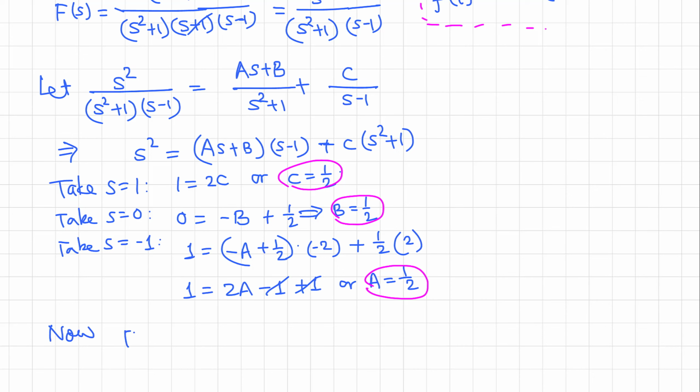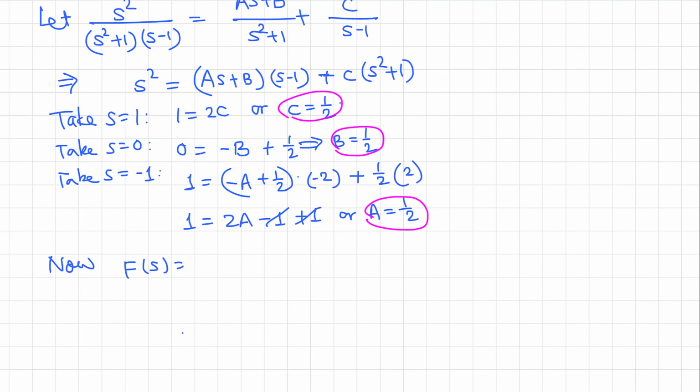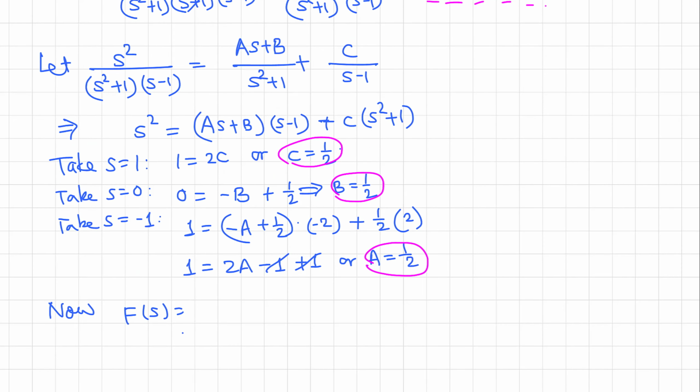Now the function we simplified, we can write as, look here, as plus b, a is 1/2, b is 1/2, so 1/2 s plus 1/2 over s squared plus 1, plus c is also 1/2 over s minus 1. So let me rewrite here. This is fine now.